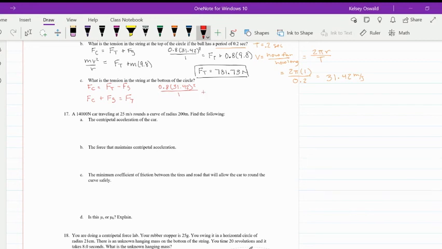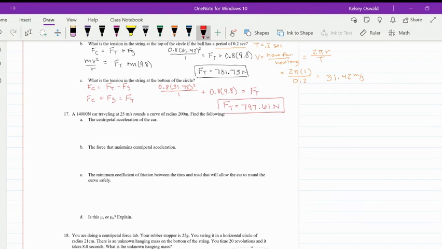And then we just need to add our mass of 0.8 times 9.8 to get our force of gravity. And when we add those together, we'll get our force of tension. And we'll see at the bottom of the circle, our string has a force of tension of 797.61 newtons.